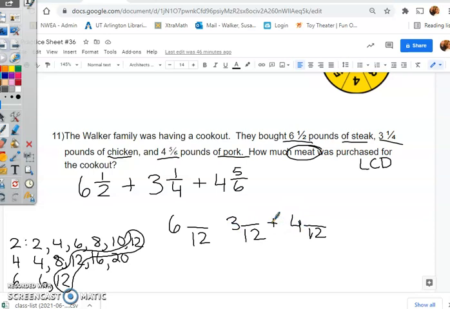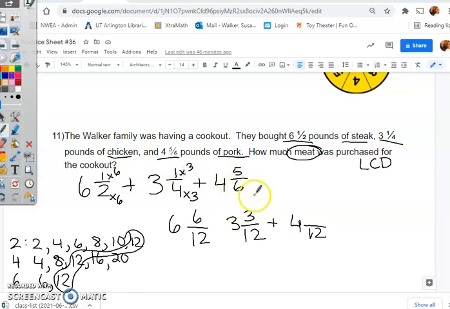So remember, the 2 changed, right, to a 12. If I change the denominator, I change the numerator. So 2 times what is 12? 2 times 6, right? 4 times what is 12? So I get a 3 on top.